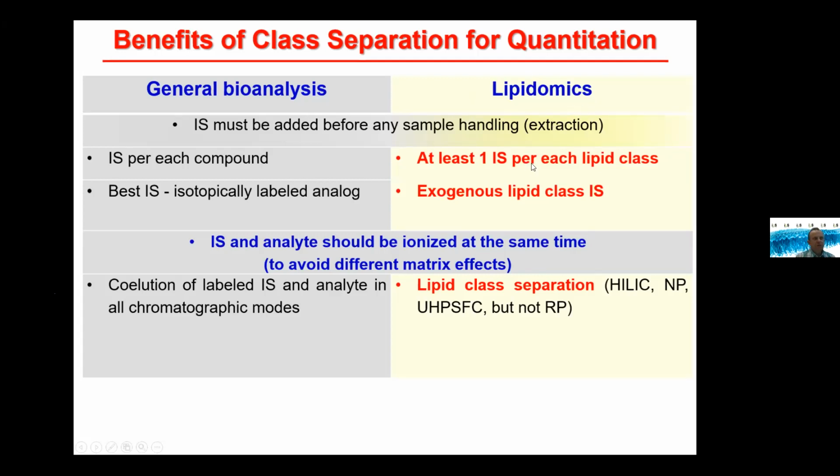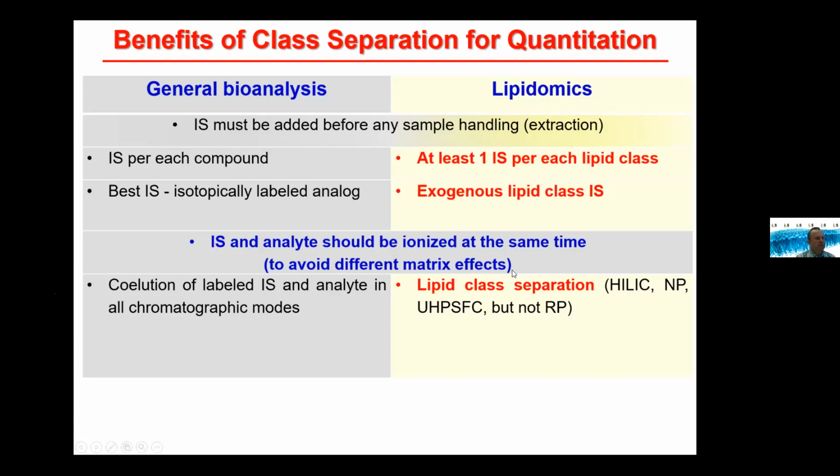In case of lipidomics, we claim that at minimum, one internal standard for each class should be used. And this should be, of course, some exogenous or isotopically labeled lipid class internal standard. The next step is the same: internal standard and analyte should be ionized at the same time to avoid different matrix effects.